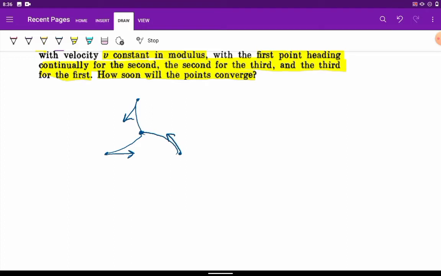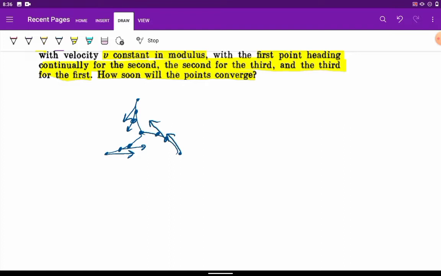Because at every instant they would move closer to each other. For the next instant they will move, let's say, over here, then this will go in this direction, this in this direction, and this in this direction. This just shows the path taken by them.